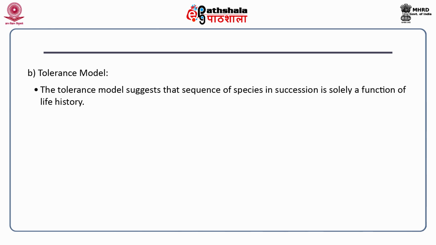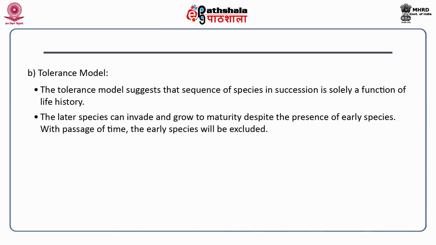The tolerance model suggests that the sequence of species in succession is solely a function of life history. The later species can invade and grow to maturity despite the presence of early species. With the passage of time, the early species will be excluded.